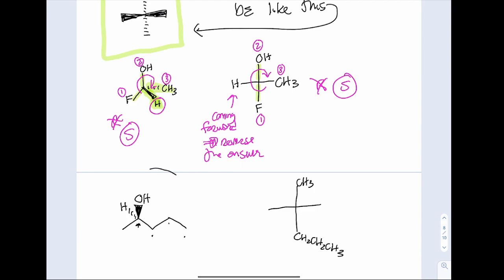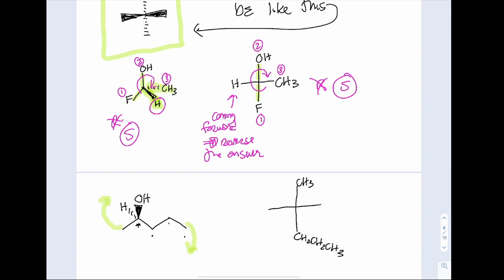Right? I want to draw this structure in a Fischer projection. I don't want to draw its enantiomer in a Fischer projection, right? That's not what we're asked to do. So I'm going to draw that. And then how I'm getting it there, essentially what I'm doing, this is kind of hard to explain without being able to use my hands to show you, but I'm swinging this up, right? Because that's my top.